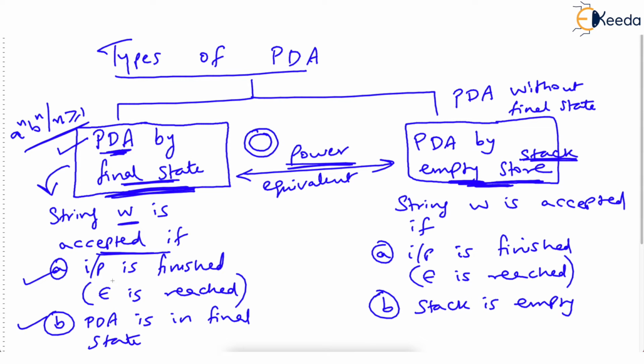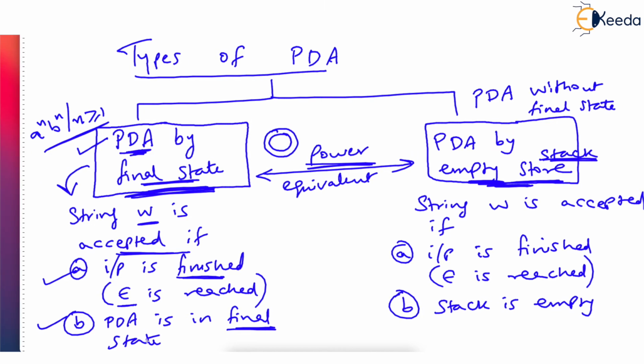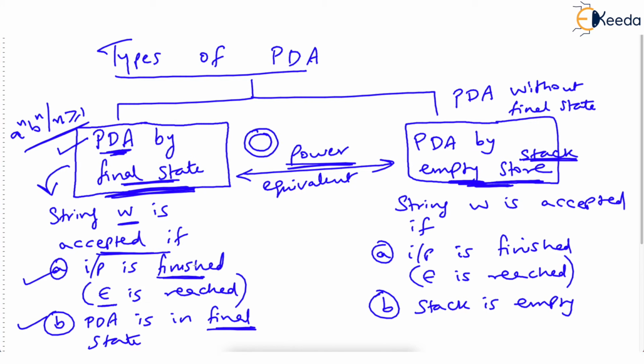First, the input is over or finished, that means we reach epsilon on the input, and second, the PDA must be in the final state. Both these conditions must be satisfied.